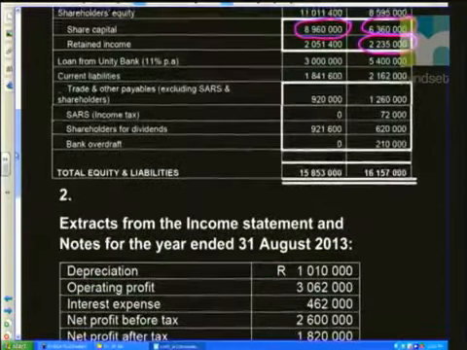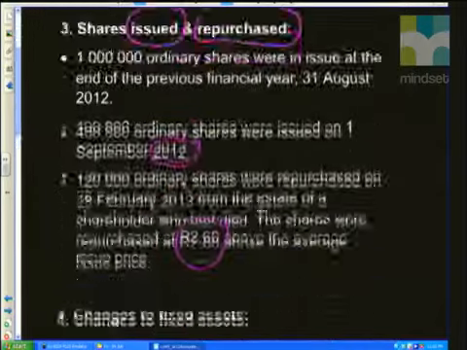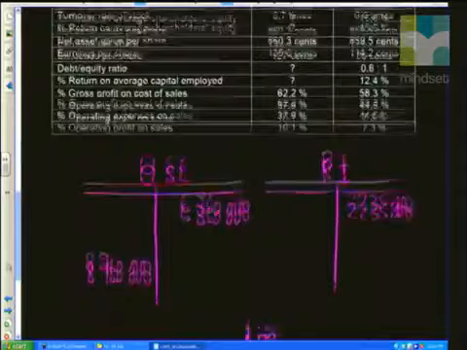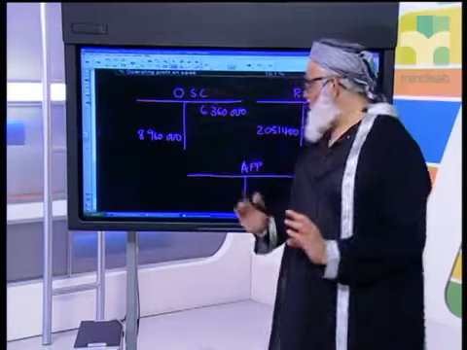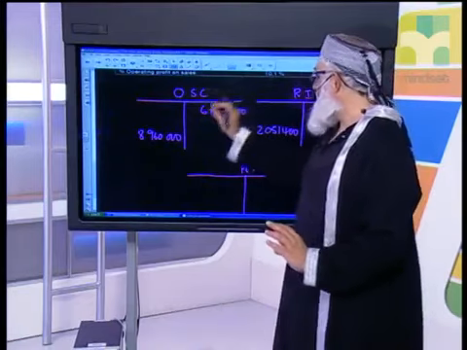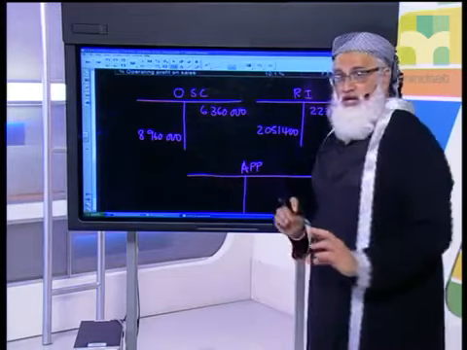And the closing balance for my retained income is 2,051,400. So in other words, you can see all that I'm basically doing, I'm slotting in balances that are given to me. So ordinary share capital, I've got my opening and closing balances. Retained income, I've got my opening and my closing balance.